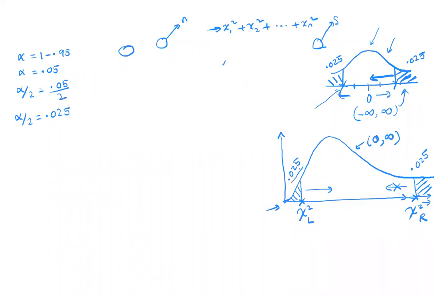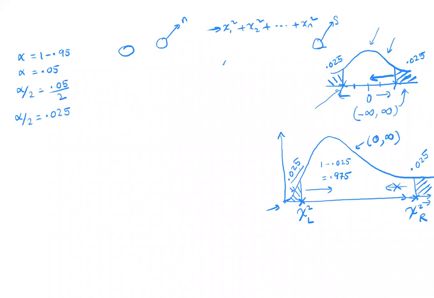Area to the left is 0.025. But to find this particular point, chi-square sub L, you need to look at the area to the right, which would be 1 minus 0.025, which is 0.975. So you're going to be looking at the area under the curve to the right to find this point, which would be 1 minus what is to the left.